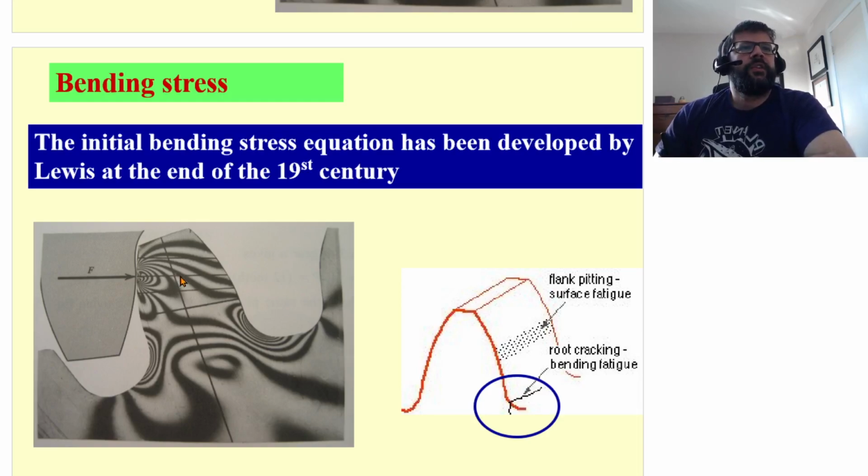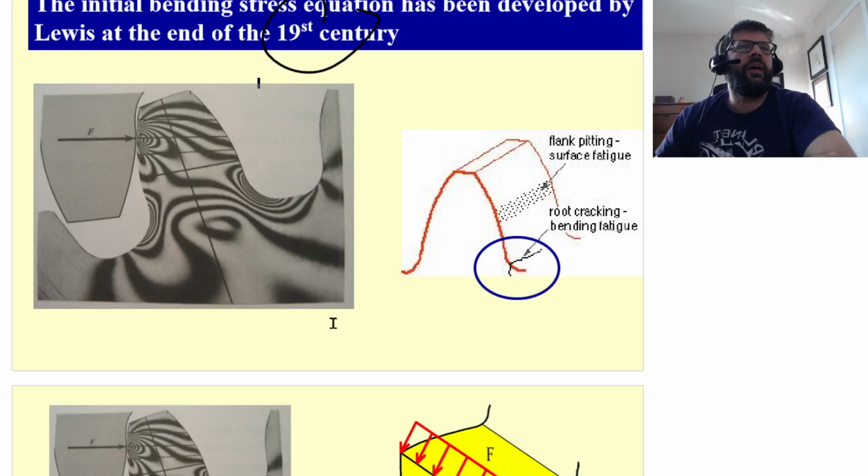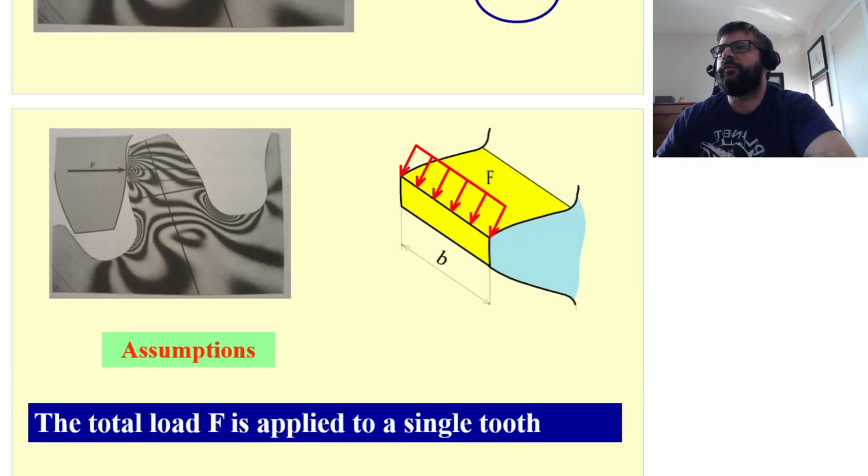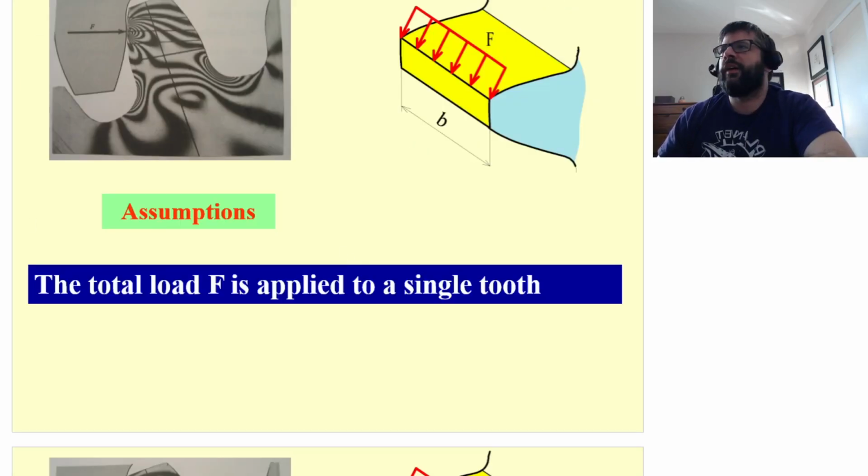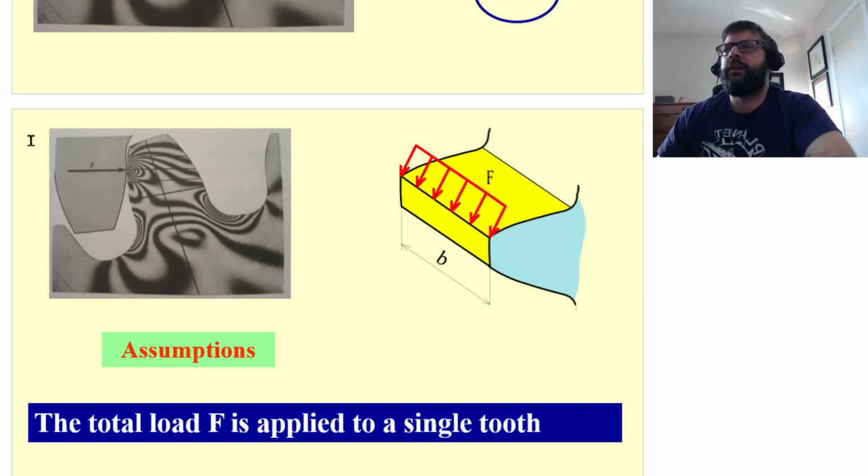The calculations for how the bending stress is caused were done by Lewis at the end of the 19th century. Based upon a few assumptions, the load is applied to a single tooth.